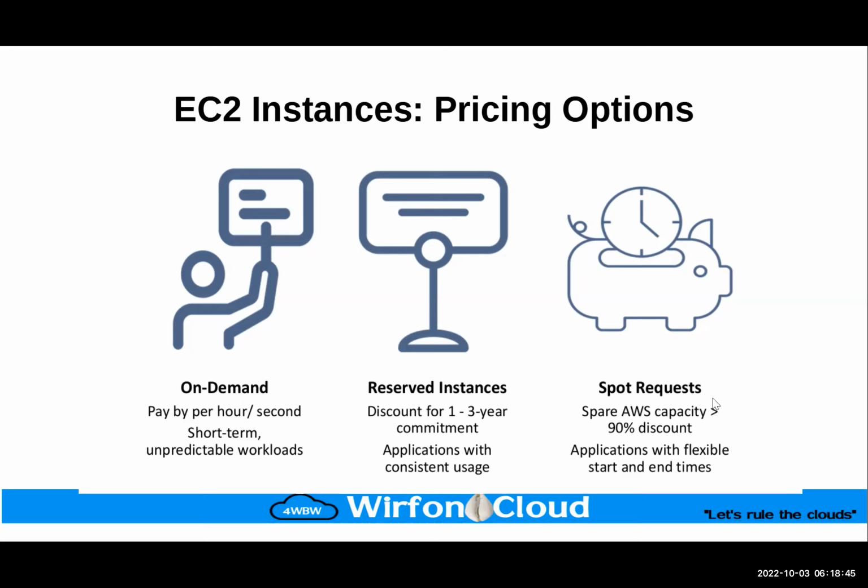EC2 instance pricing falls in that respect too: once you need it, you create it and use it as you need. So you have on-demand, where you pay per hour or per second. Per hour is for Windows instances, and per second is for Linux instances.